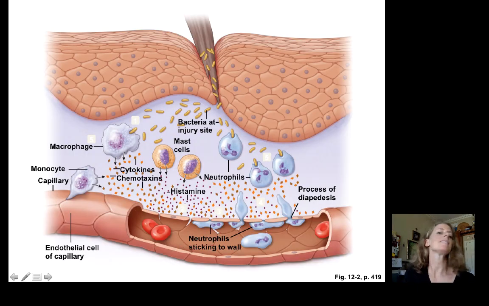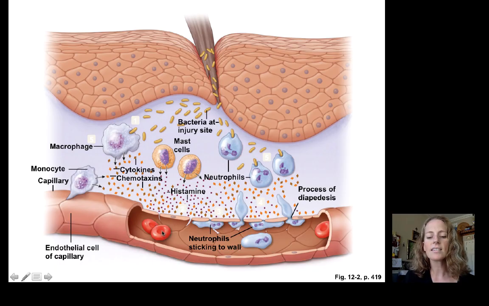So let's look at these steps. I could draw them for you, but actually I think this picture is much better. So you have an injury that will cause an increase in white blood cells moving into the injury. That's diapedesis. The white blood cells will move in: neutrophils, mast cells, macrophages, monocytes. They're going to go in to try to clean up that debris.